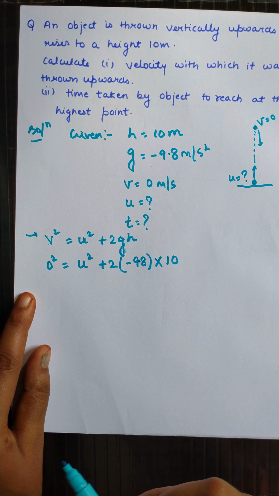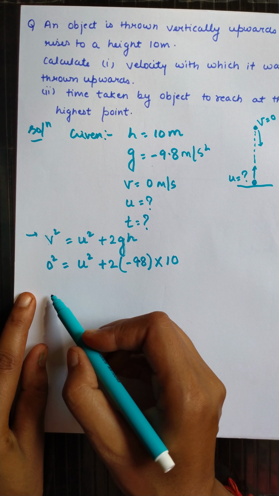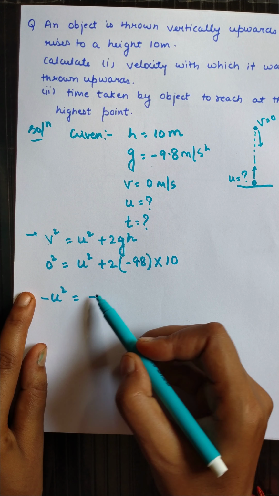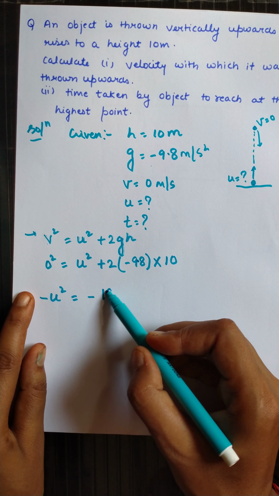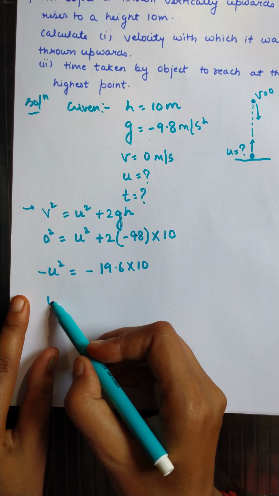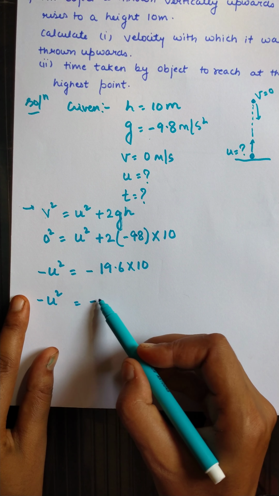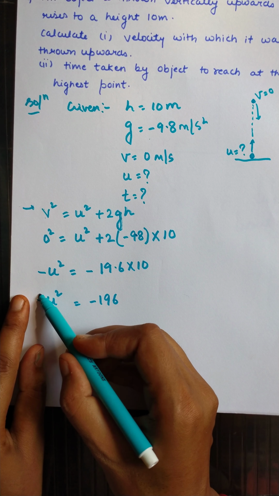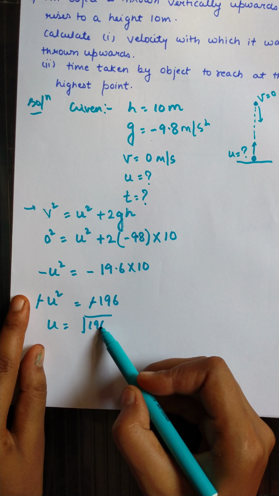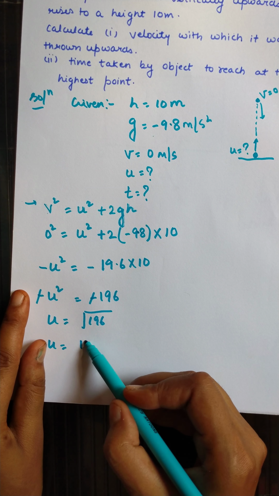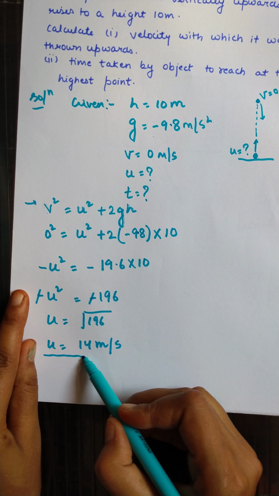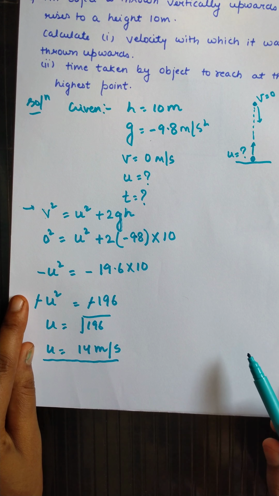Now we take the value of u: minus u square equals minus 9.8 into 2, minus 19.6 into 10. Minus u square equals minus 196. Minus minus cancel. u equals under root of 196. u equals 14 meter per second. So it will be the answer of the initial velocity.